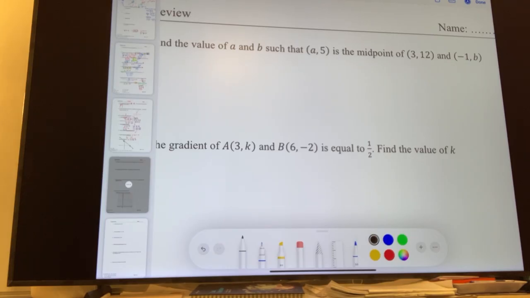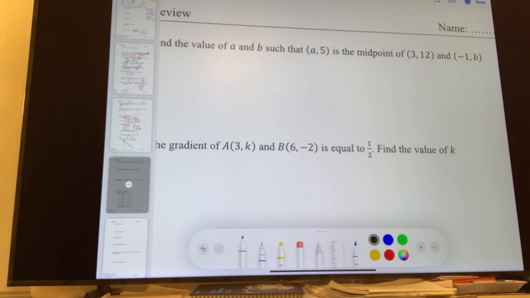Okay, wait. So they say it's perpendicular. In order to find the equation, you need the gradient and you need a point. You do have the point. So is it perpendicular to this one? What is the gradient for this one? It's 3/4. How do you find the perpendicular gradient? This. Yes.